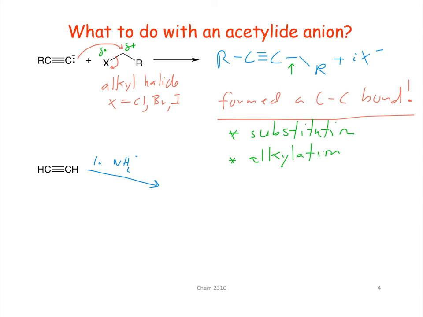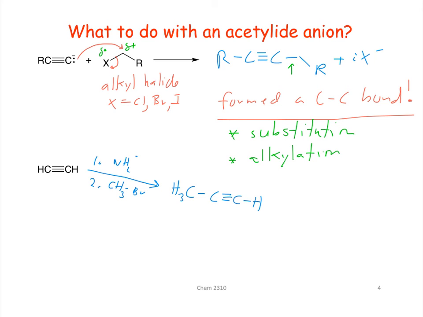It's going to form the acetylide anion, and then we're going to add some type of alkyl halide. Let's say we just use CH3 with a bromine, so bromomethane. The first step removes a proton, then we get a substitution reaction, and so we're going to get a methyl group attached to one end of acetylene.